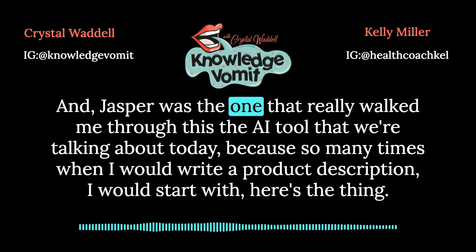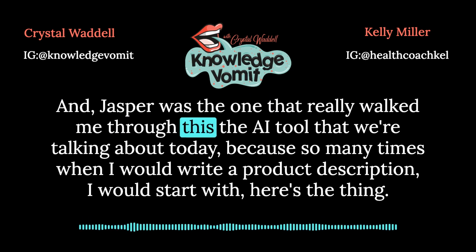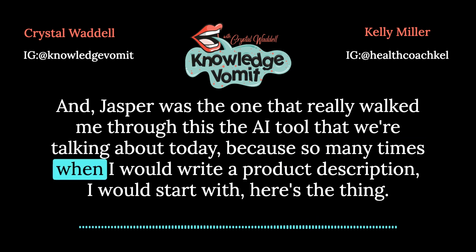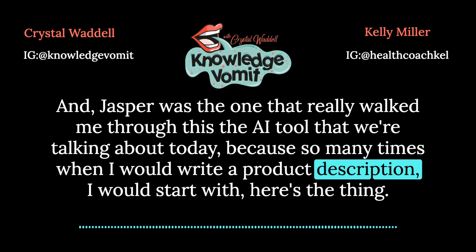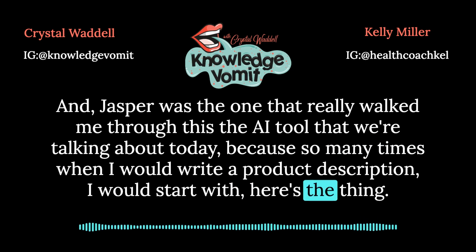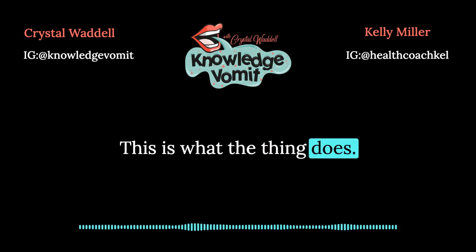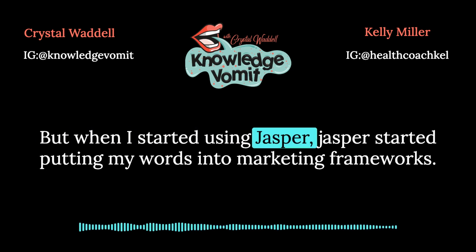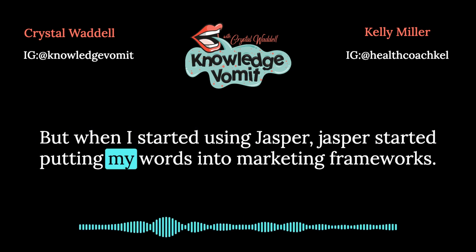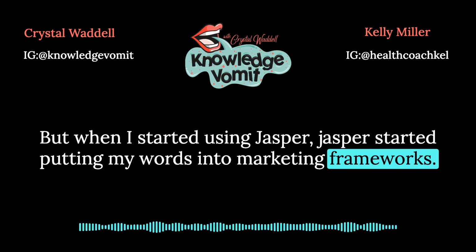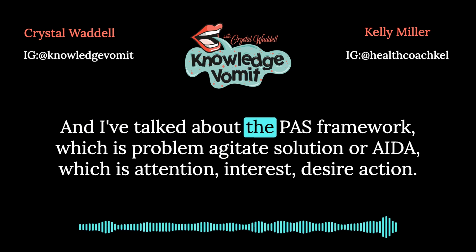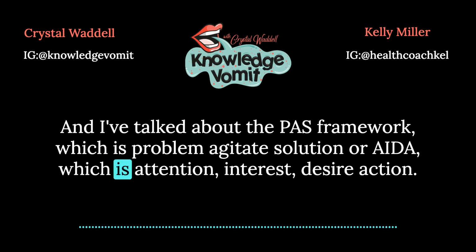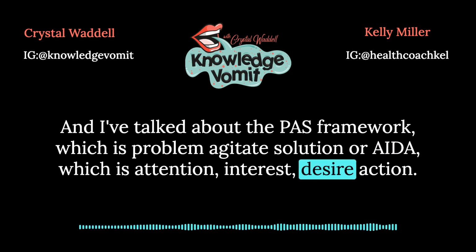And Jasper was the one that really walked me through this, the AI tool that we're talking about today, because so many times when I would write a product description, I would start with, here's the thing, this is what the thing does, and this is how much the thing costs. But when I started using Jasper, Jasper started putting my words into marketing frameworks. And I've talked about the PAS framework, which is problem, agitate, solution, or AIDA, which is attention, interest, desire, action.